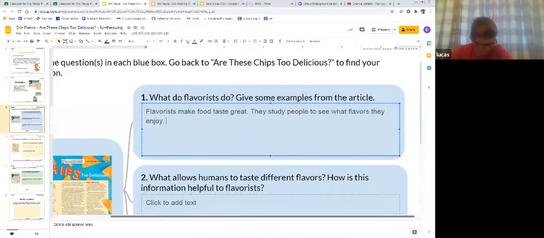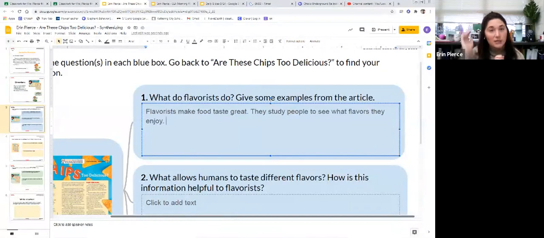They use thousands of chemicals. They do use thousands of chemicals to create these. They use thousands of chemicals to create flavors. And then I can just leave it there.